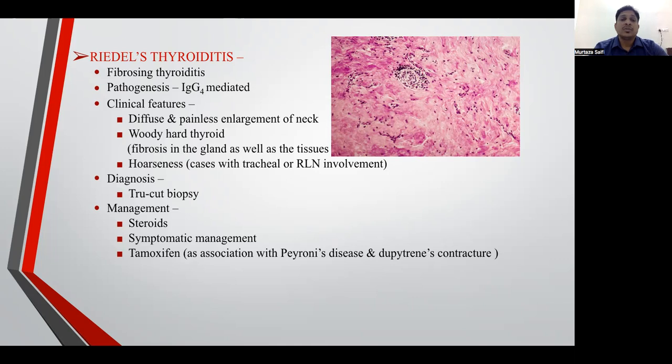So steroids, symptomatic management, tamoxifen. As we can see, in De Quervain's thyroiditis and Riedel's thyroiditis, the management part is not that vast, but symptomatic management should be there, steroids as required, and drugs like tamoxifen occasionally.